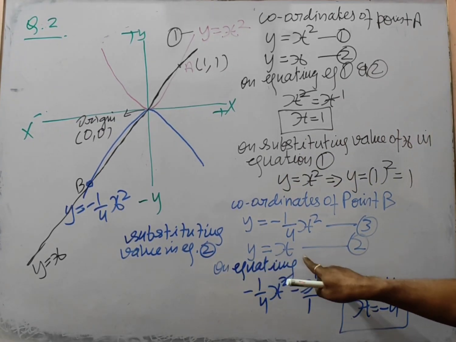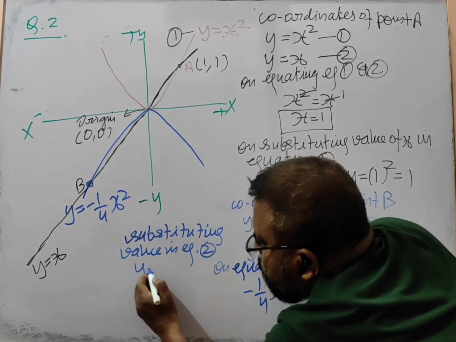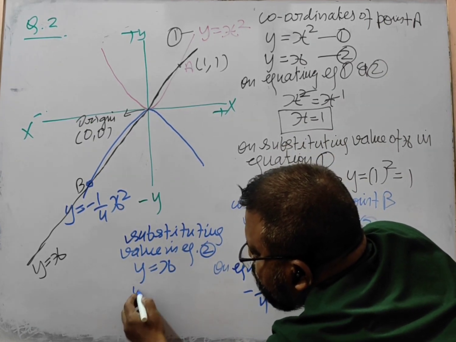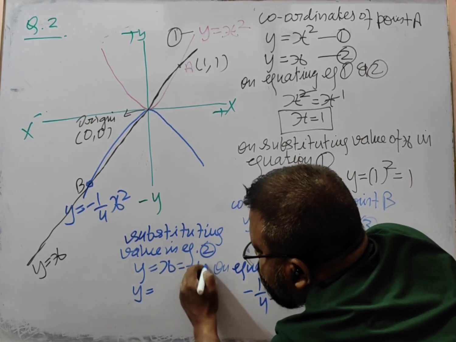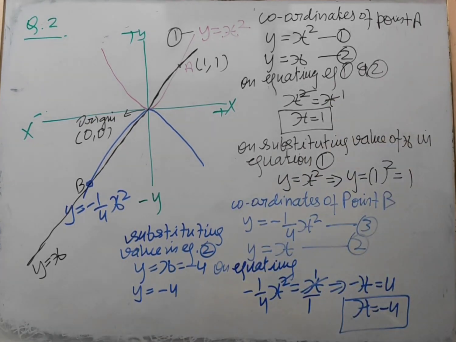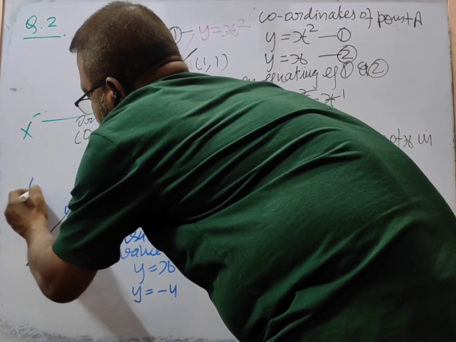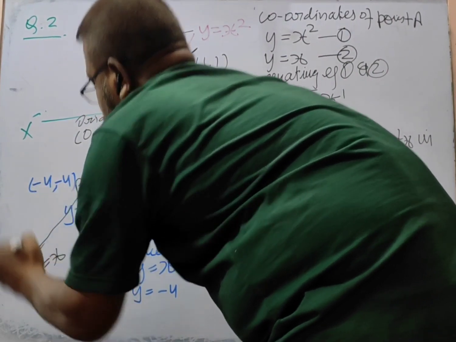So y is equal to x, and x is equal to -4, so y is also -4, right? So the coordinates of point B are -4 comma -4. That's it.